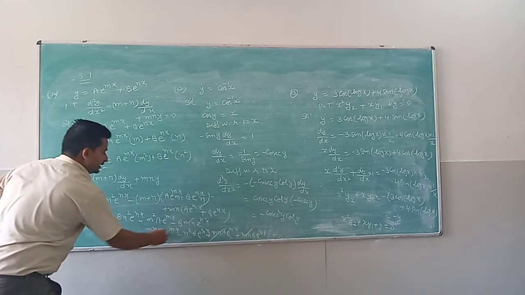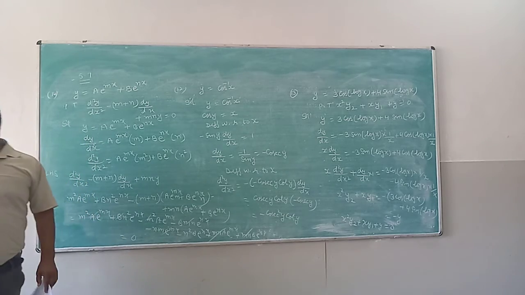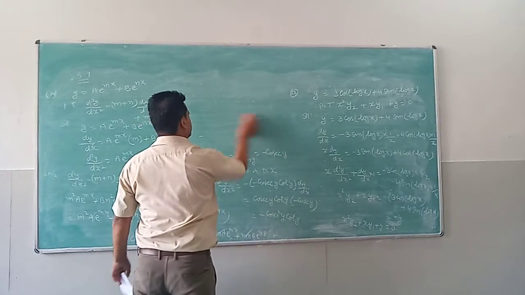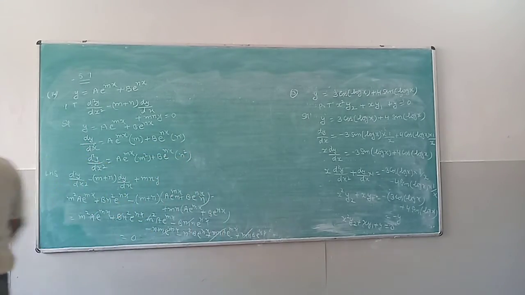These all terms cancel with each other and the right hand side is 0. This is the proof of question number 14.